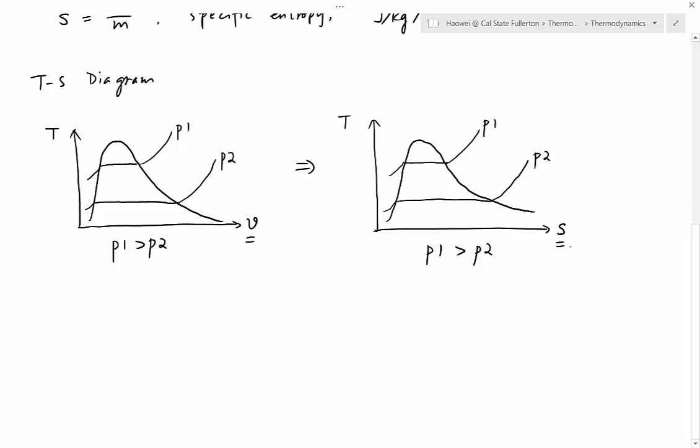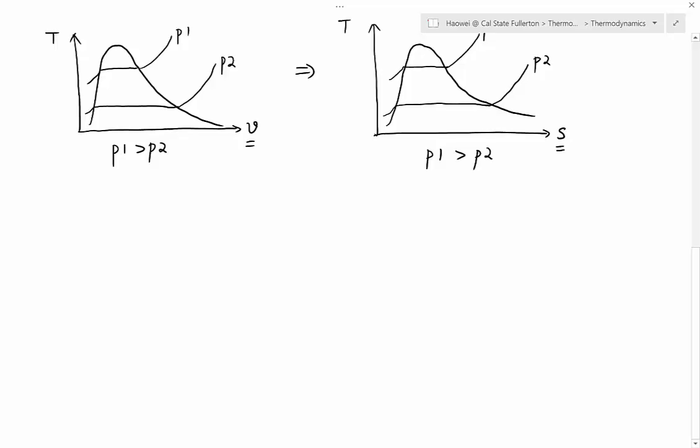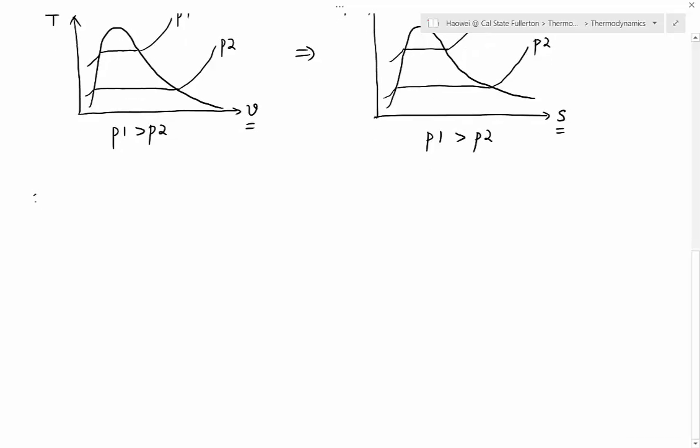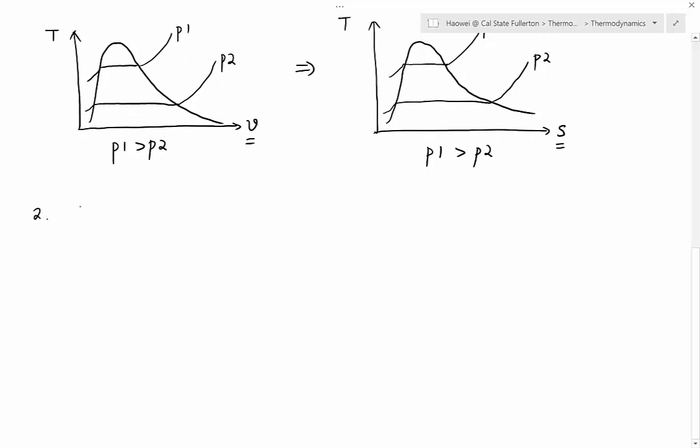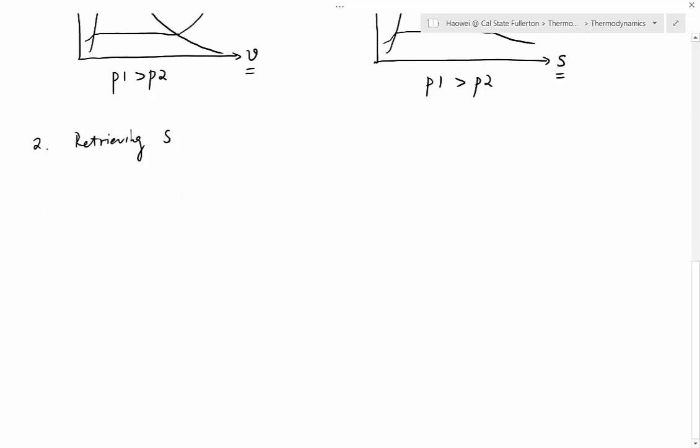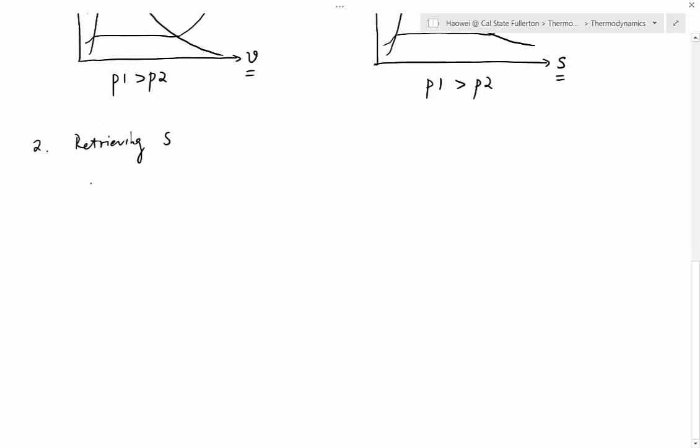Now the next question is, since we know specific entropy s is a property, how do we look for those properties? Retrieving lowercase s: if you're dealing with point F or point G, you look for lowercase sf or lowercase sg.